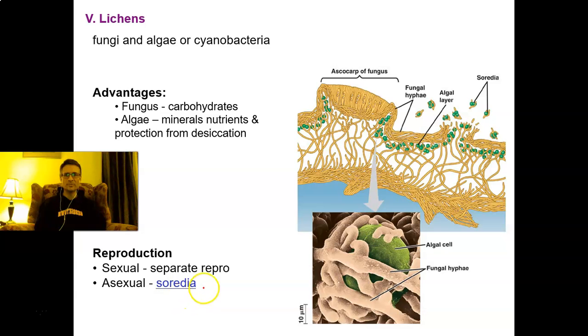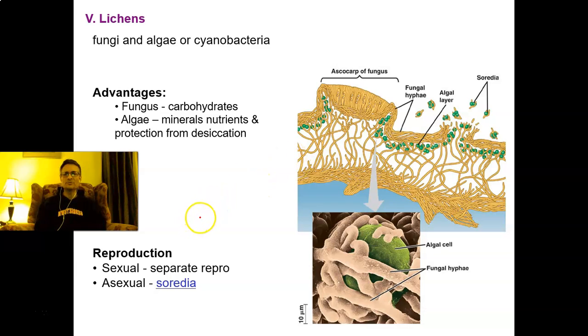So asexually, the reproductive structure is known as a soredium, singular, or soredia, plural. Here it is in an electron microscope picture with some artificial coloring added. And this collection of hyphae wrapped around an algal cell will be released, and if it lands in an appropriate place, it will germinate and it will produce a new lichen.